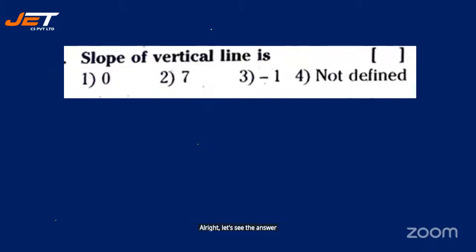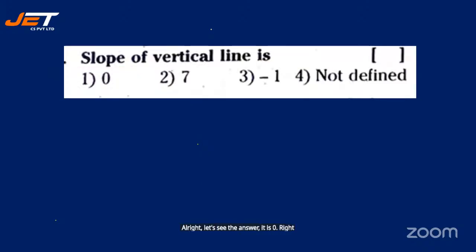So slope of x-axis. All right, let's see the answer. It is 0. Right.